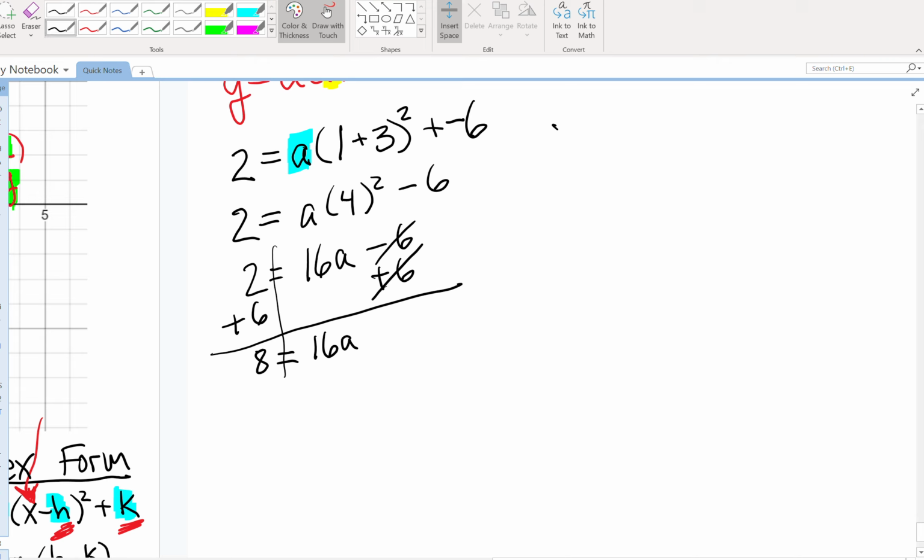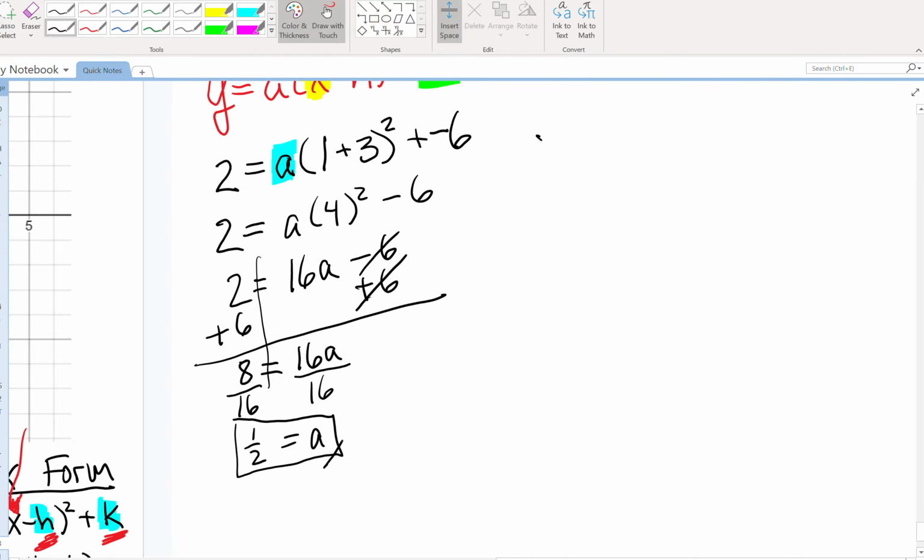Finally, to get a, 16a is multiplication, so I'm going to divide both sides by 16. A is then equal to 8/16, which simplifies to 1/2. Remember, you can do that on your calculator if you need to. If you don't know how, come see me. That's cool. A equals 1/2.